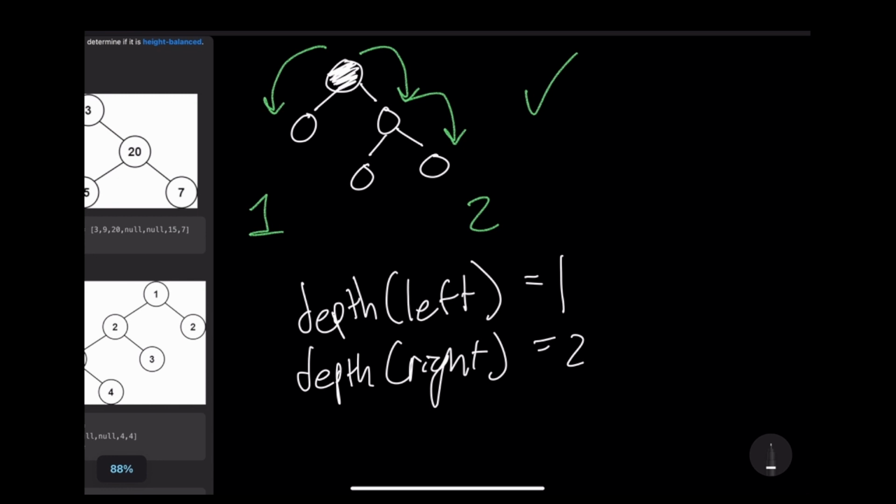And then, if this was x and this was y, we need to check whether the absolute value of x minus y is greater than or equal to 1. If that's true, then it's unbalanced.